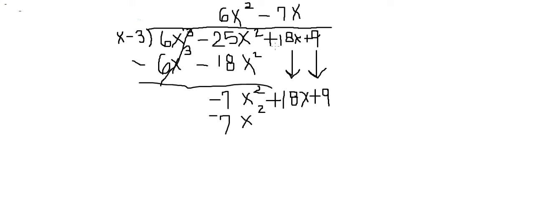and then multiply negative 7x times negative 3, and that gives you positive 21x. And then you go ahead and subtract that again.